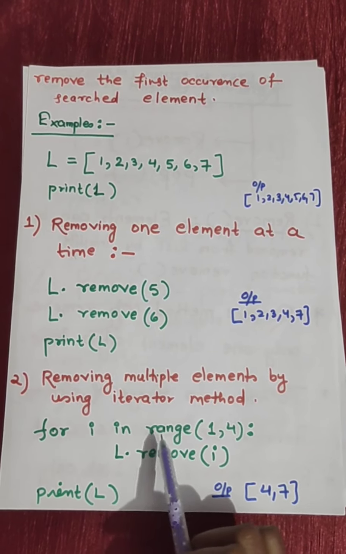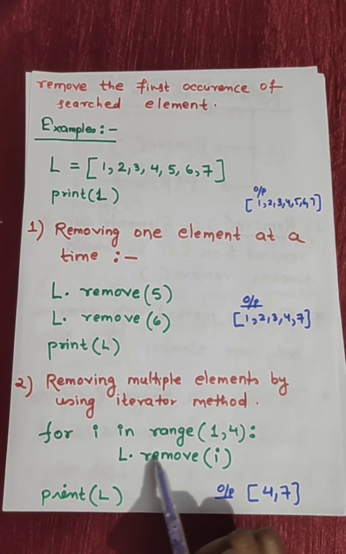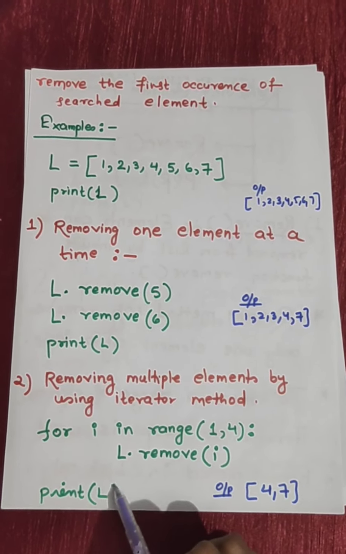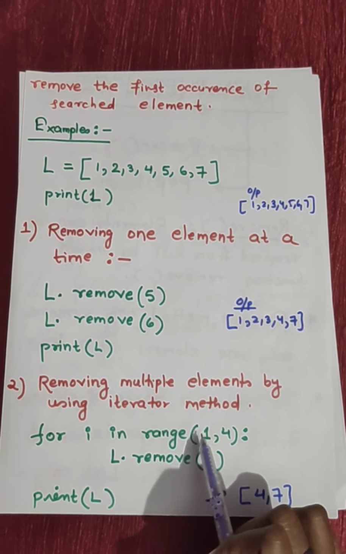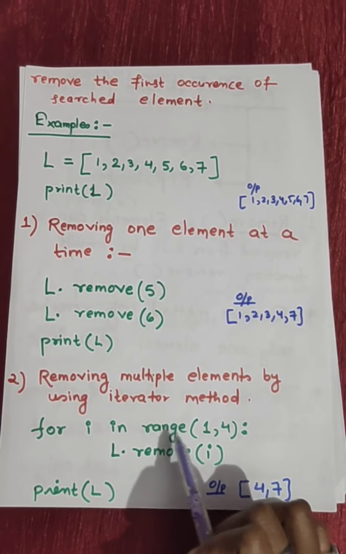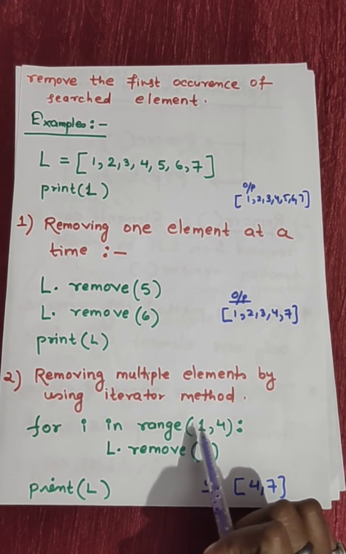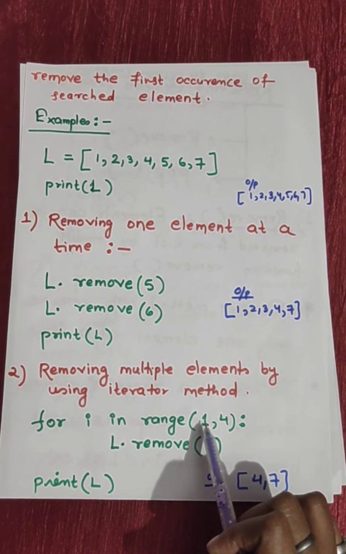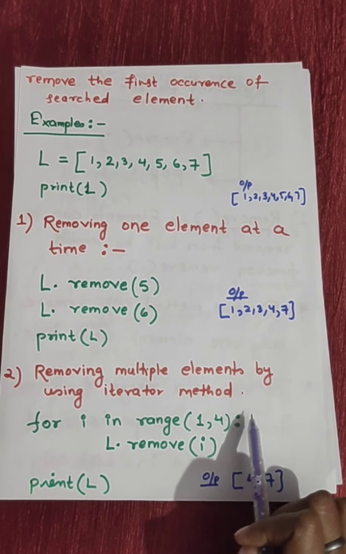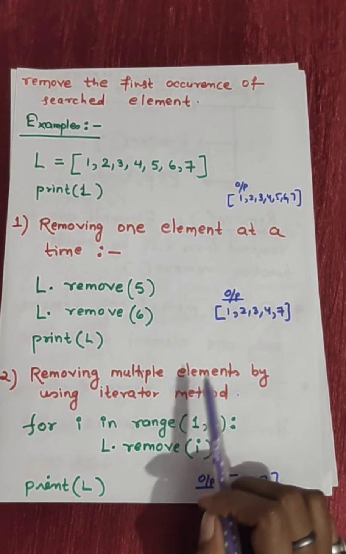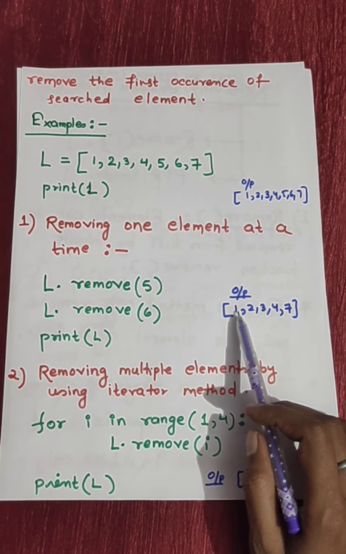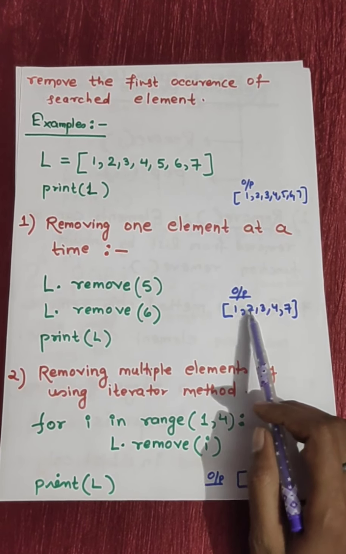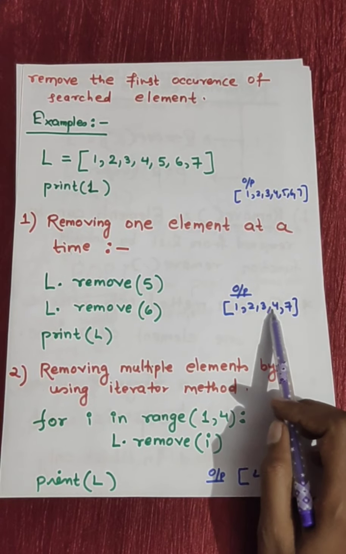For i in range 1 comma 4, L dot remove of i, print L. We all know that this is a range function. What will it do? It will start from index 1 and go to end minus 1. So with 1 comma 4, it will go 1 2 3 only, and it will skip the last.